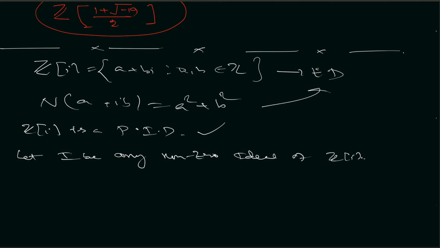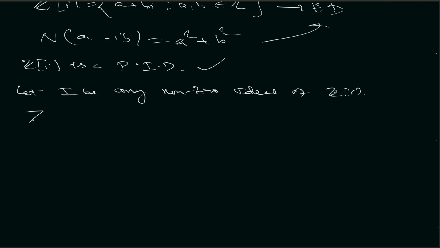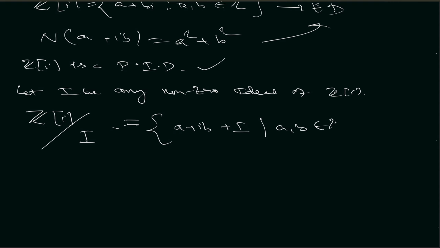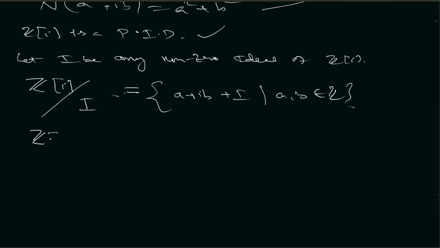My claim: you can quotient Z[i] by the ideal generated by I. So what kind of elements are here? Some a plus ib plus I type elements, where a, b are in Z. My claim is that Z[i] modulo the ideal I is always a finite set whenever I is non-zero.